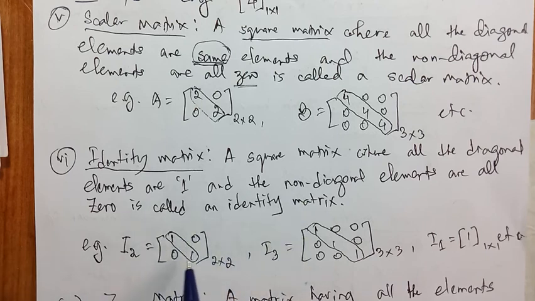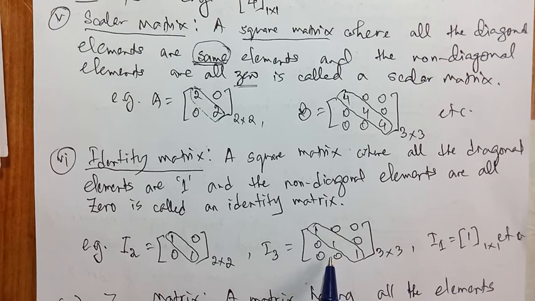Here also you see the square matrix first thing. Second thing is that the diagonal elements are all 1 and the non-diagonal elements are all 0. This is an identity matrix. So this is also one special property of a diagonal matrix only. So here also see this square matrix and the diagonal elements are non-zero and all are 1, and the non-diagonal elements are all, you see here, 0.